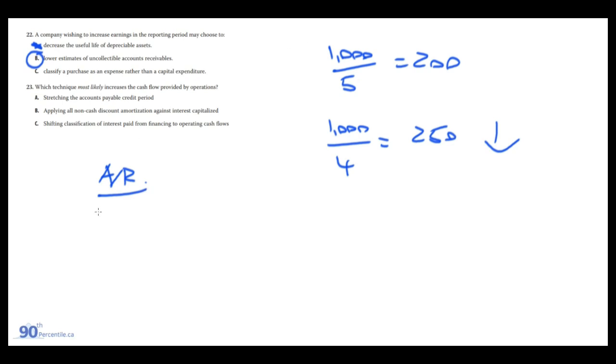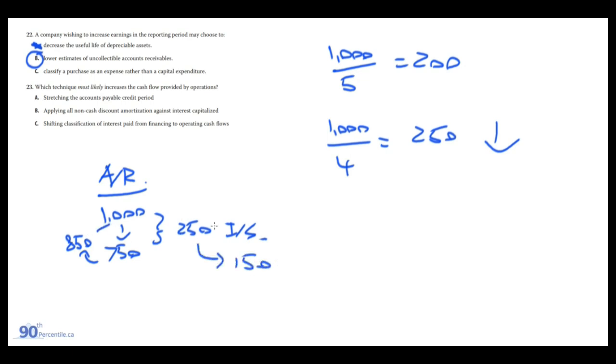So when you write down your AR, let's say from 1,000 to 750, you have to recognize a $250 expense on your income statement. If you lower the estimate of uncollectible accounts receivables, say the AR is 1,000 on the books but you're only going to lose 150 of it, then you would only have to expense the 150 as opposed to the 250, which would increase your net income.